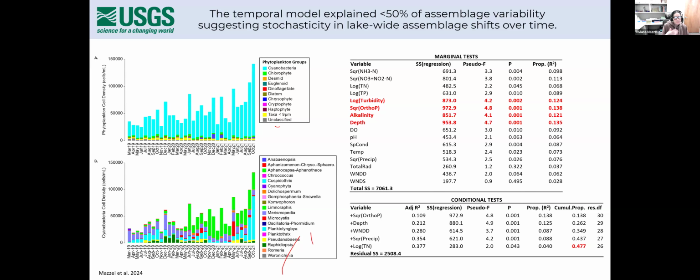Something I should have mentioned is that this study was done in collaboration with folks at Nova Southeastern University and Florida Gulf Coast University, and they focused on a molecular characterization of the cyanobacteria and other heterotrophic bacteria in the lake.